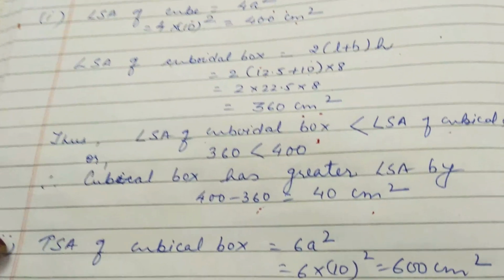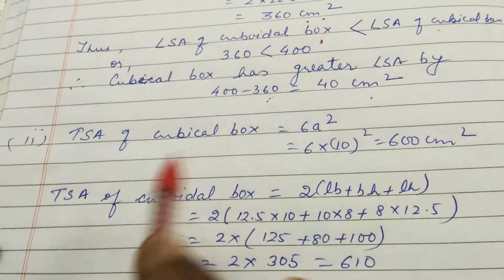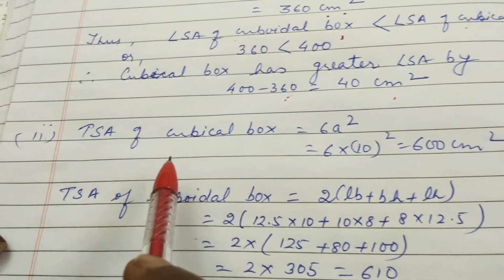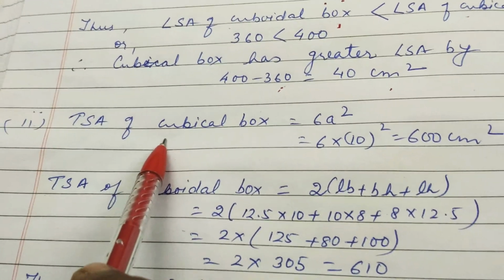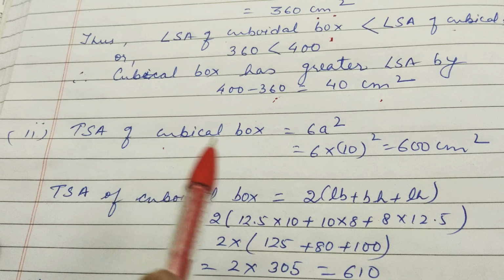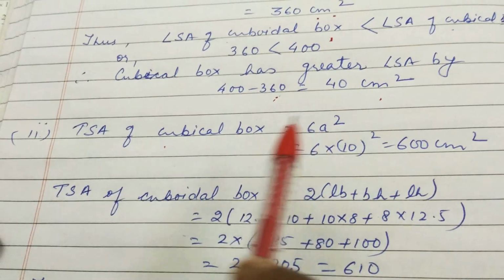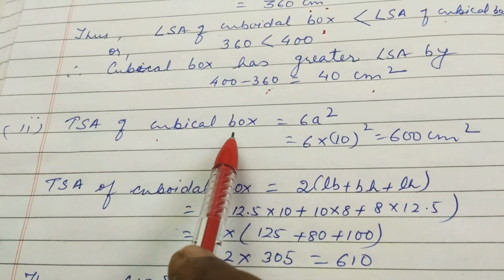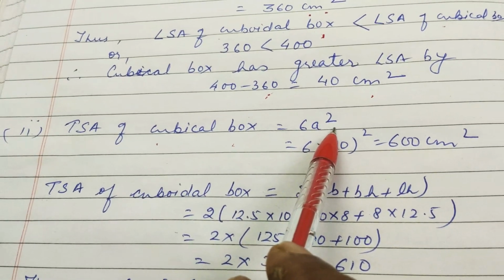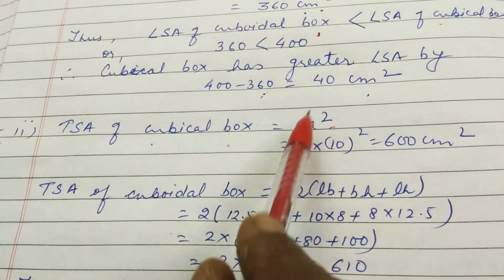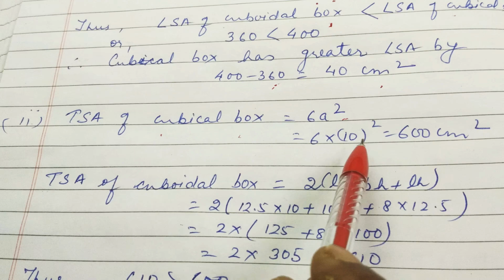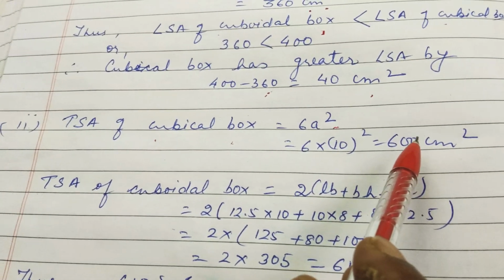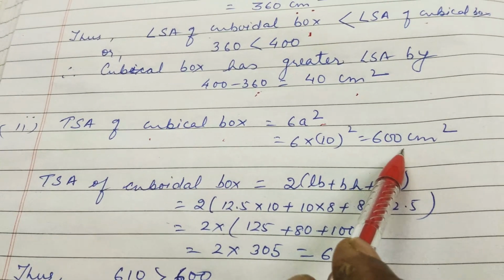Now the next part of the question is we have to compare the total surface area of the two boxes. So for this we will find out the total surface area of cubical box as well as cuboidal box. As we all know that the total surface area of cubical box is 6A square. So when you put it into the formula, A is given 10, you will get 600 centimeter square.